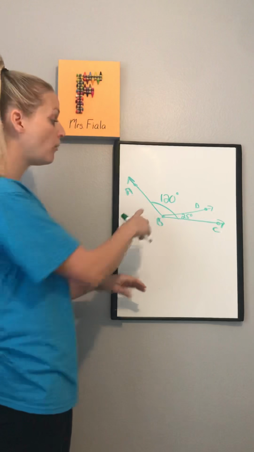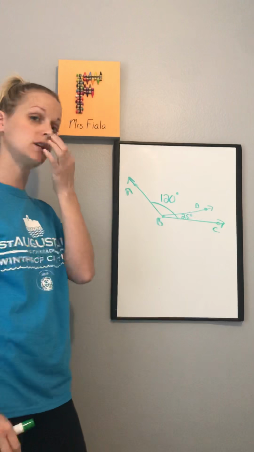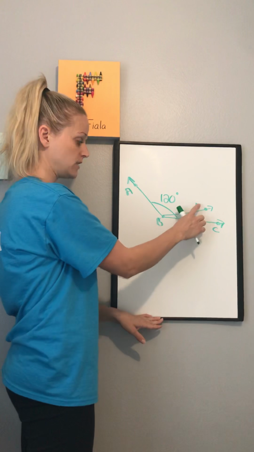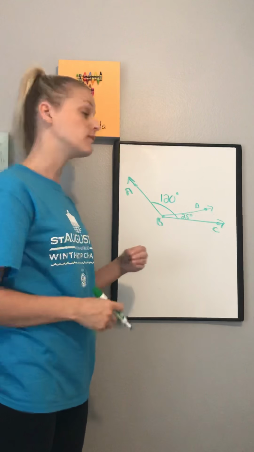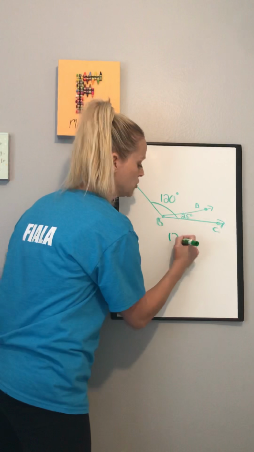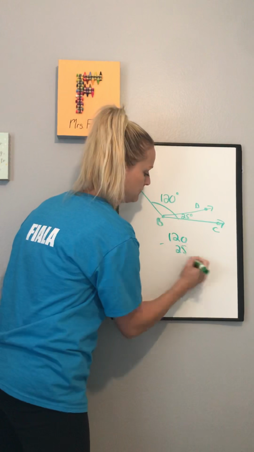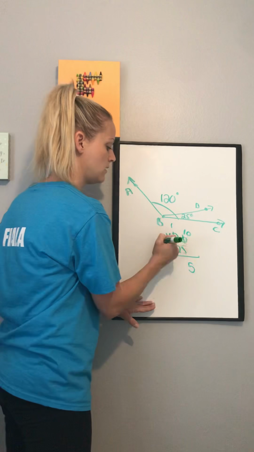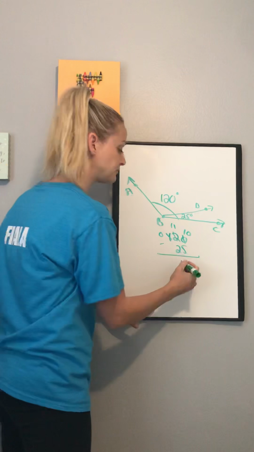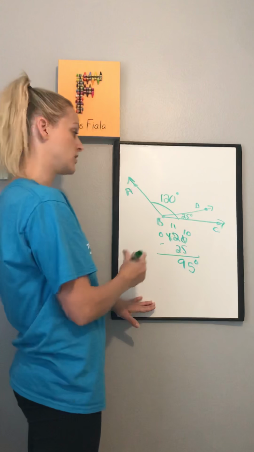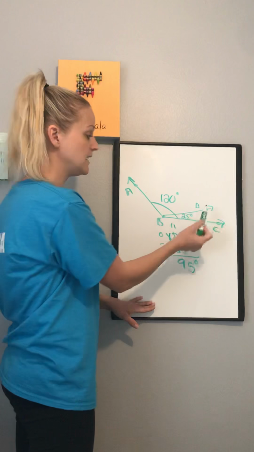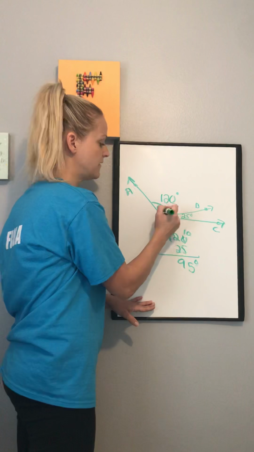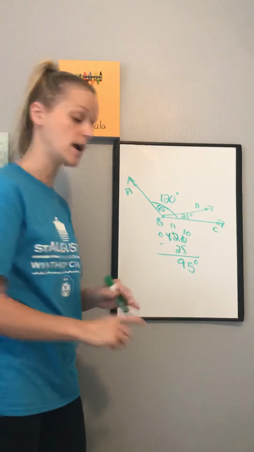I told you the whole big angle here is 120 degrees. I told you that this one small angle, angle DBC, is 25 degrees. So to find the missing angle, again, I'm going to subtract to find that missing angle. And I have to borrow to subtract here, okay? And it is 95 degrees. So angle ABD, or you could say it as angle DBA, is 95 degrees, okay?